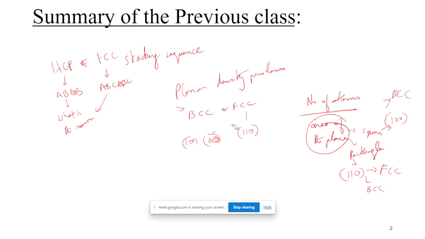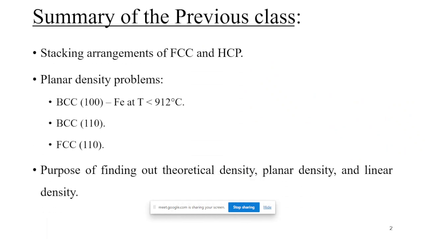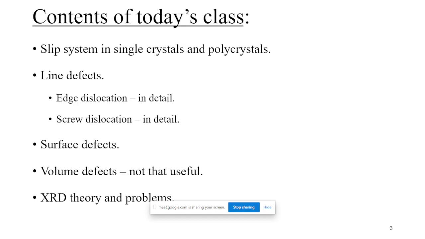This is just a summary. In today's class, we are going to see the various slip systems in single crystals and polycrystals. Before that, we will look again at line defects like edge dislocation and screw dislocation in close detail, like why they are what they are. Then we will go for the surface defects.